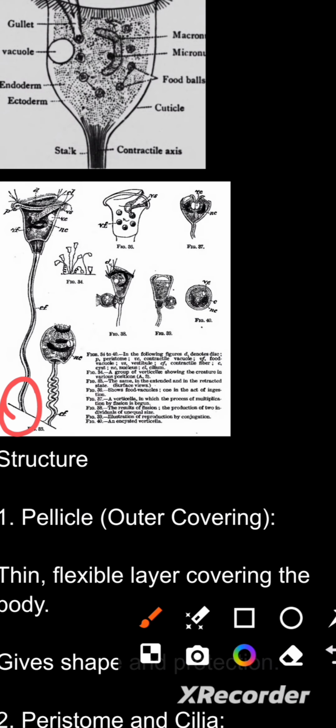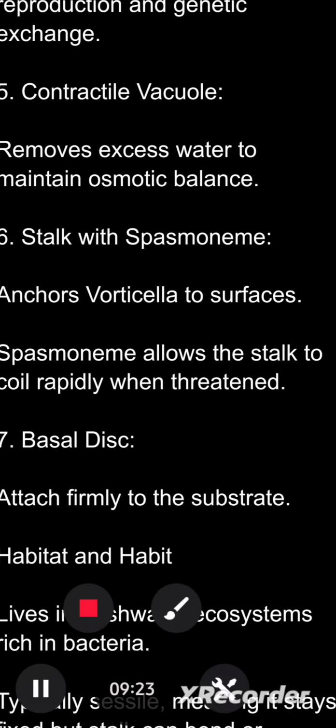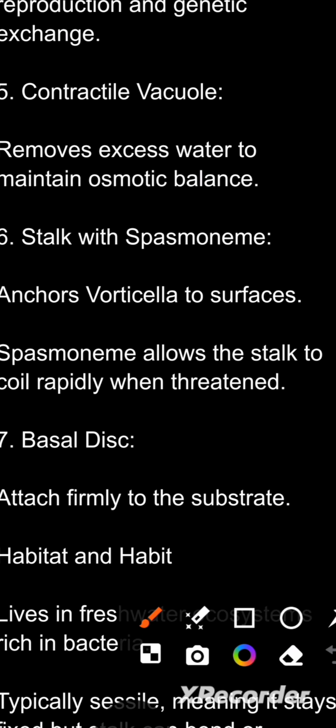The basal disc is attached to the surface of the ground or any part that may be stone, debris, or other things. It anchors Vorticella to the surface.